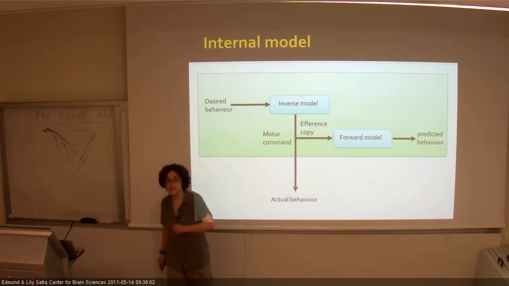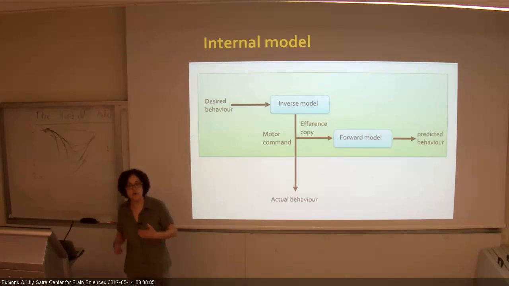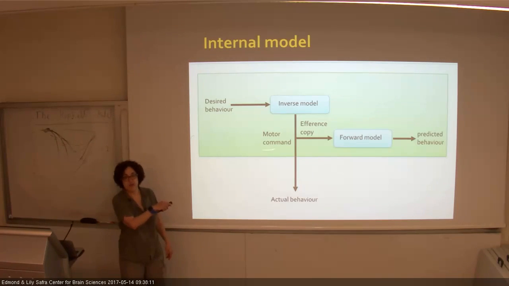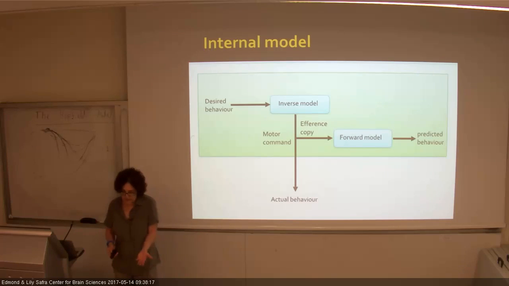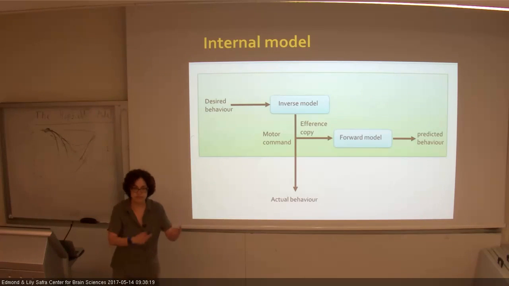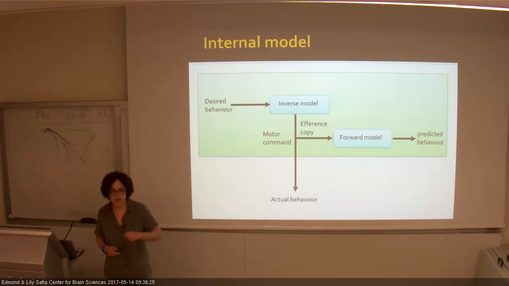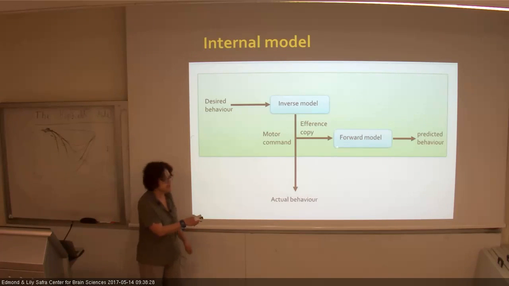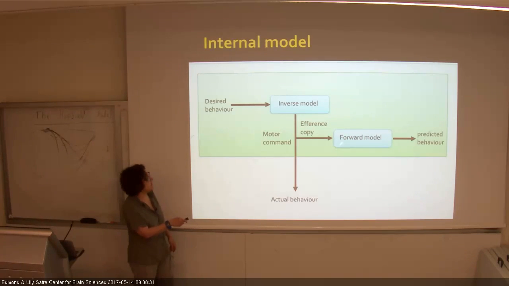The actual behavior also sends some feedback back to the computational system, because, for example, if there is a perturbation, someone pushed my hand by mistake, this external perturbation cannot be analyzed by any of these systems, not by the inverse model and not by the forward model. You cannot predict any external perturbation. However, you can correct for it by feedback.